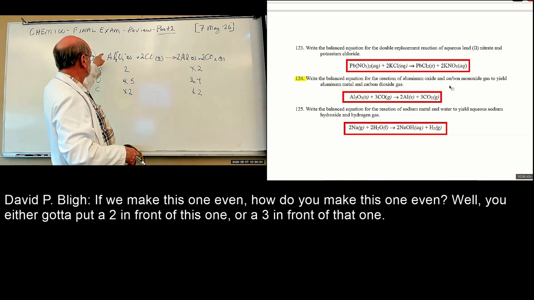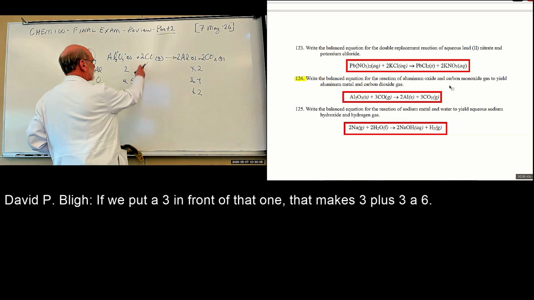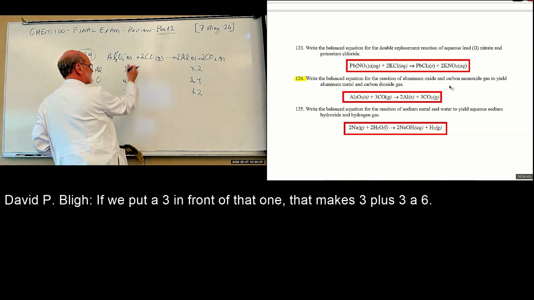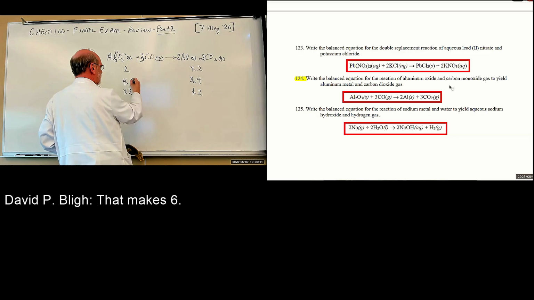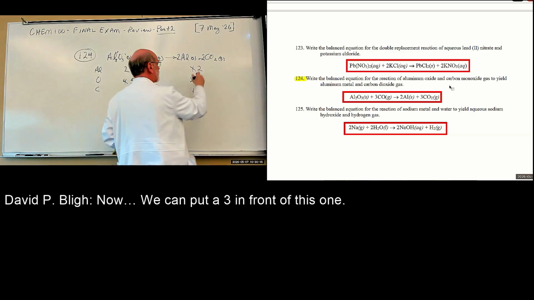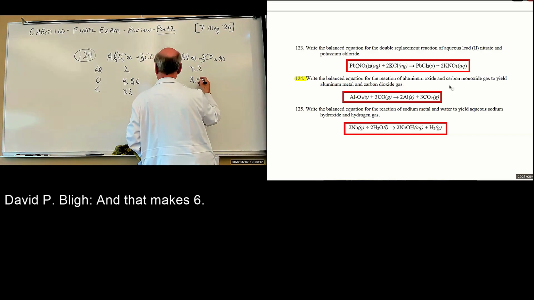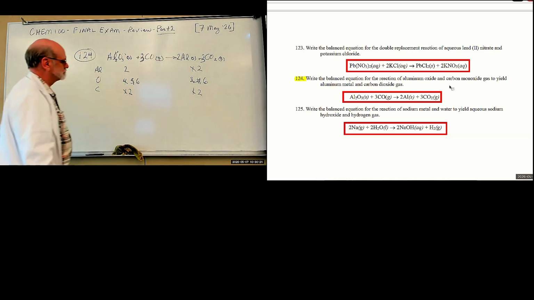Well, you either got to put a 2 in front of this one or a 3 in front of that one. If we put a 3 in front of that one, that makes 3 plus 3 is 6, right? That makes 6. Now we can put a 3 in front of this one, and that makes 6.